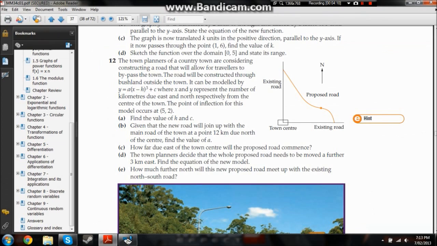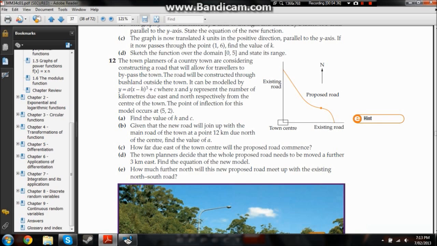How much further north will this new proposed model road meet up with the existing north-south road? So what it's asking, this is the north-south road, the y-axis, and this road currently hits the y-intercept here. If they move the graph across, the graph will have more time to go up before it hits the y-axis, so the y-intercept will be higher.